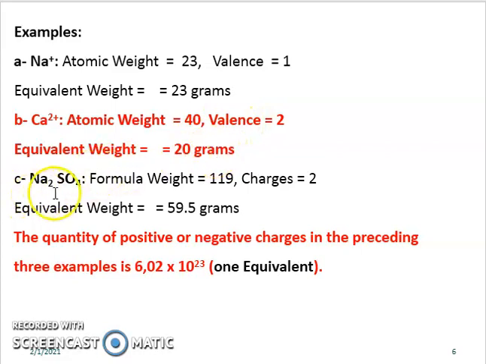If you have a salt like sodium sulfate, sulfate has two negative charges, and the molecular weight is 119, charge 2, and consequently equivalent weight should be 59.5 gram.